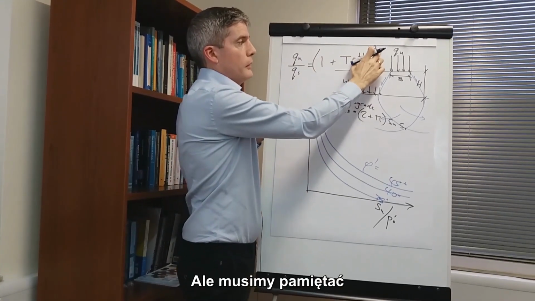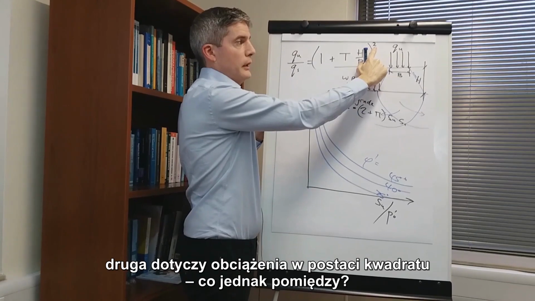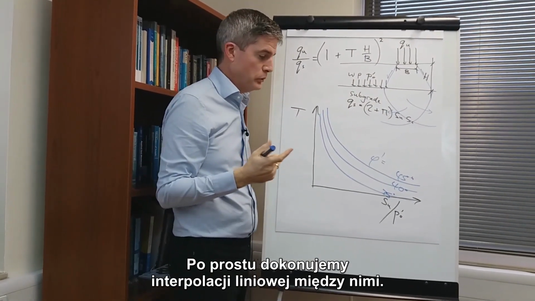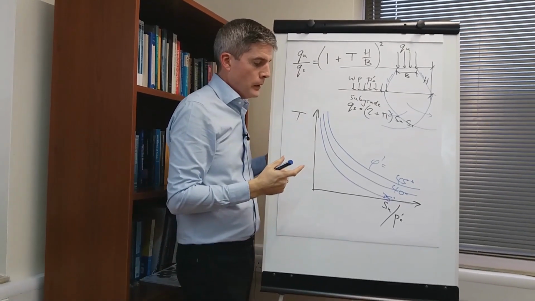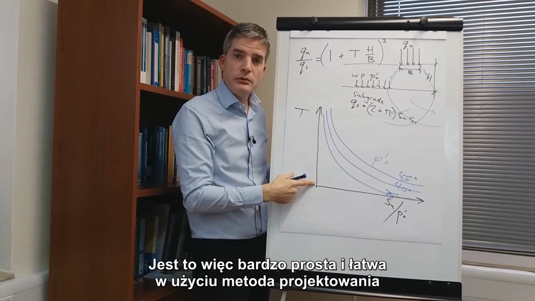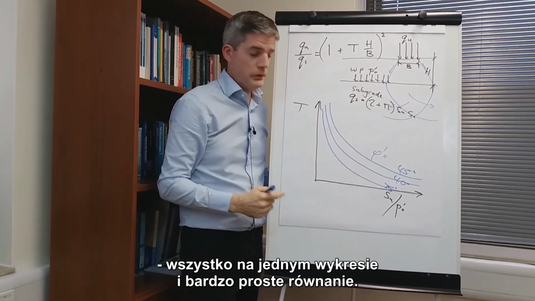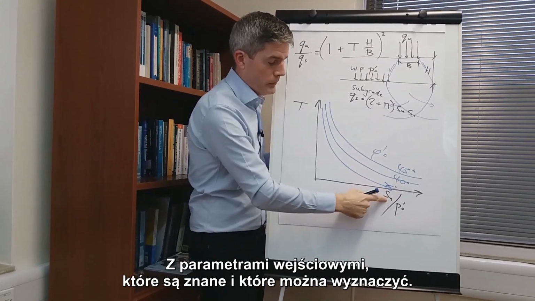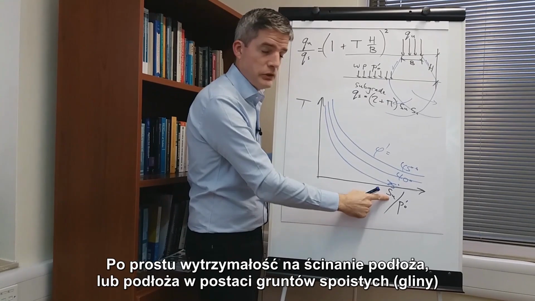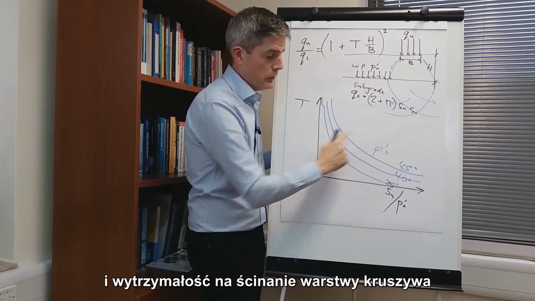Now remember, this is 1 for a strip and 2 for a square. What about in between? You just do a linear interpolation between the two. So it's a very simple and easy to use design method, all in one chart and a very simple equation, with input parameters that are familiar and can be determined: simply the shear strength of the subgrade for a clay subgrade and the shear strength of the granular layer.